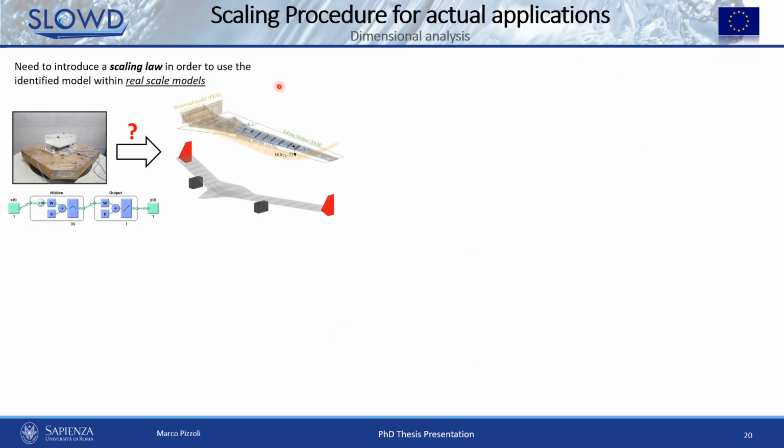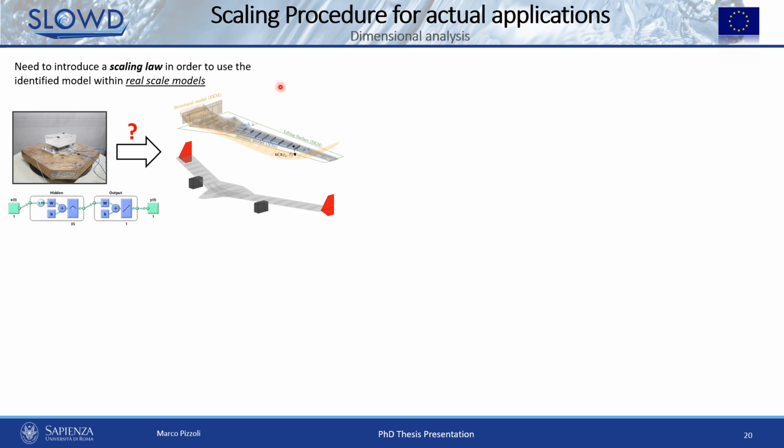However, real-world applications involve the use of tanks with different dimensions than the ones of the tank used to generate the training data, so the box-shaped tank. And therefore, in order to study the effects of sloshing in aeronautical problems, it was necessary to introduce and define a scaling law in order to use the identified neural network-based ROM as a surrogate model for vertical sloshing for different tanks.